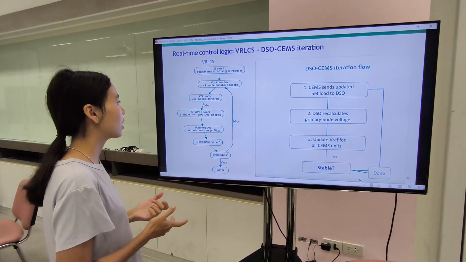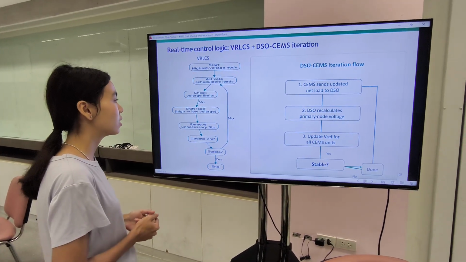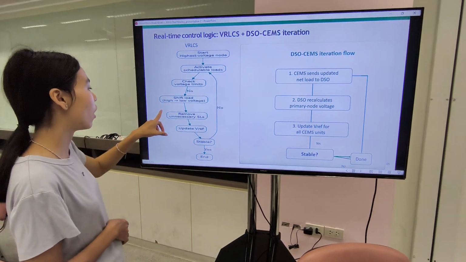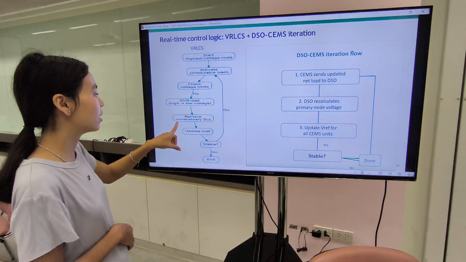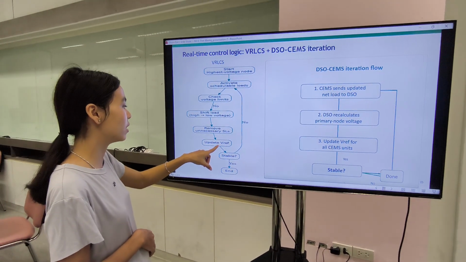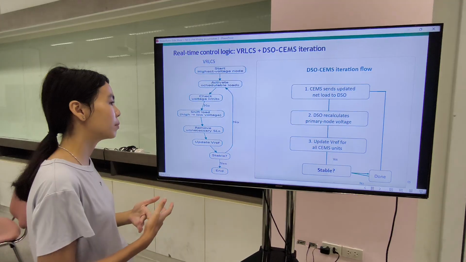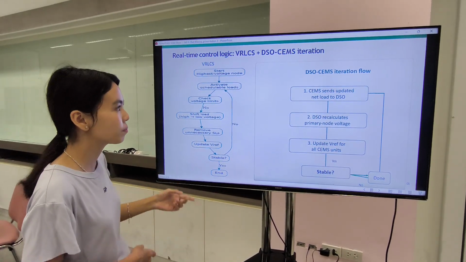After that, it checks the voltage limit, and if the voltage is still not safe, it shifts load and also removes unnecessary schedulable load, and then it updates the voltage reference, and the process repeats this again until the system is stable.